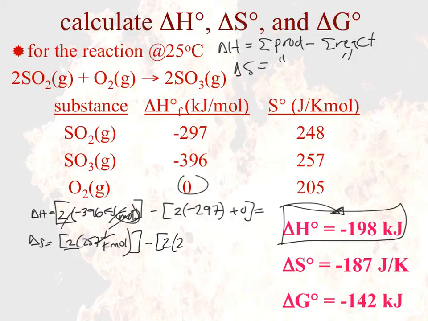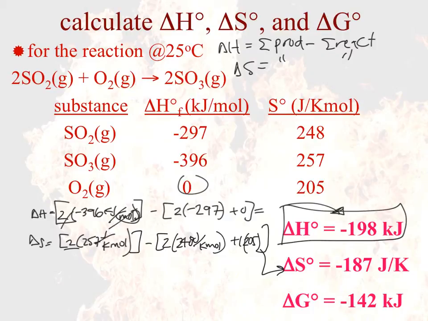SO2 has a 248 joules per Kelvin mole. Okay, and then oxygen has a value of 205. Okay, and there's only 1 of them. So we go ahead and plug that in your calculator. You'll get this value for your delta S variable.